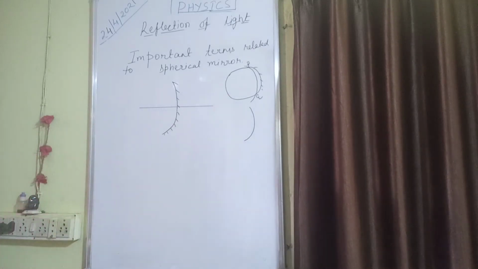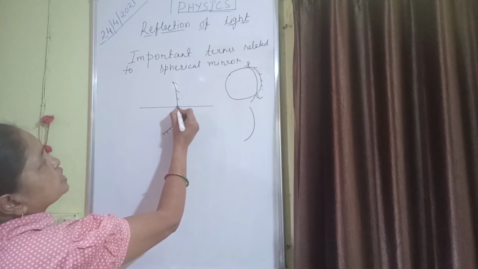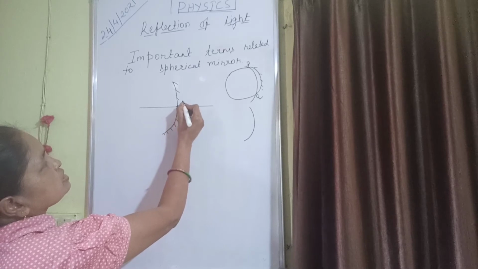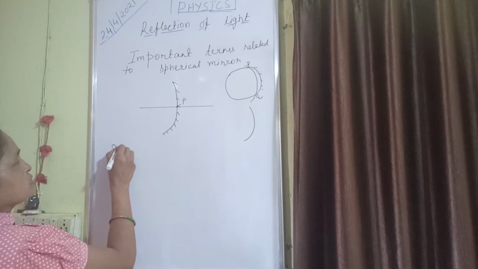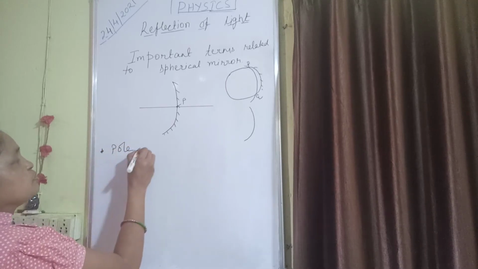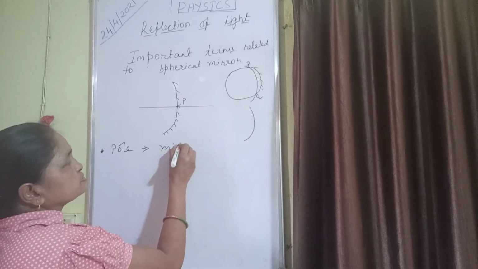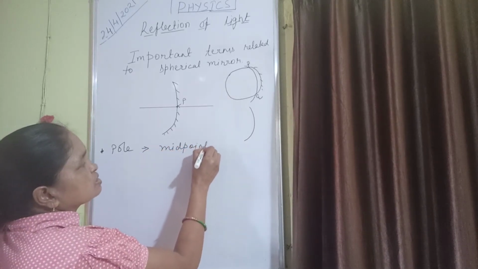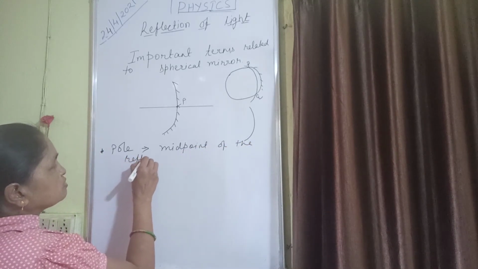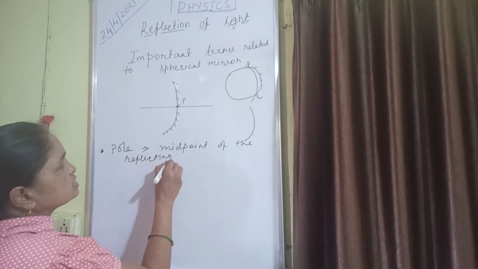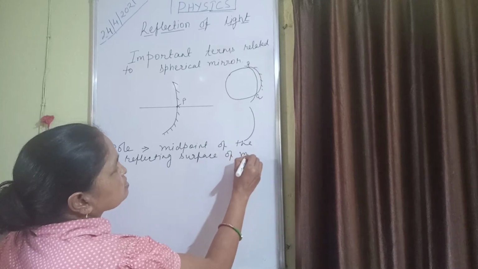So let's start. What are the important terms? This point I am showing you, the midpoint P, is known as pole. So what is pole? Pole is the midpoint of the reflecting surface of mirror.